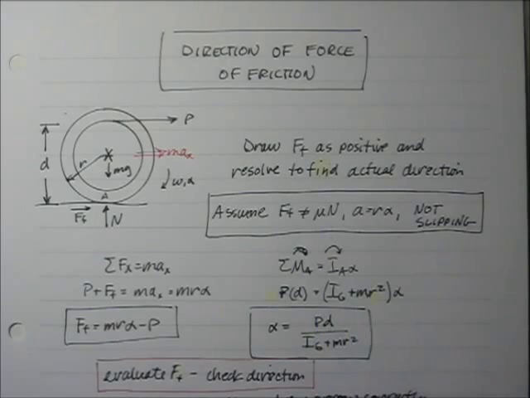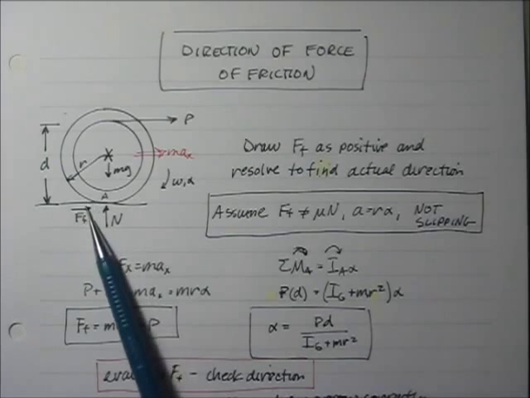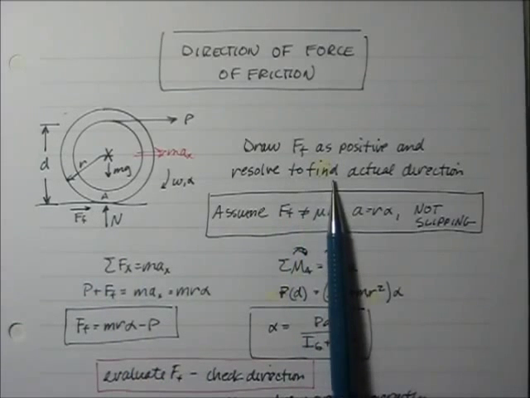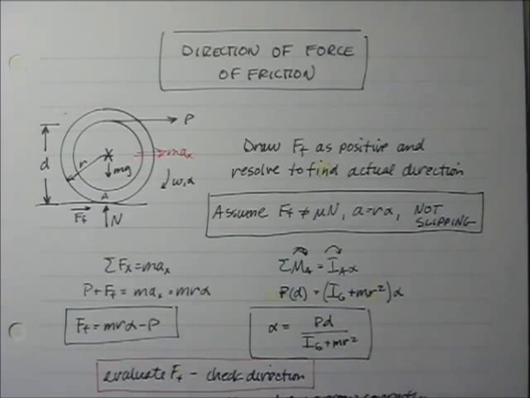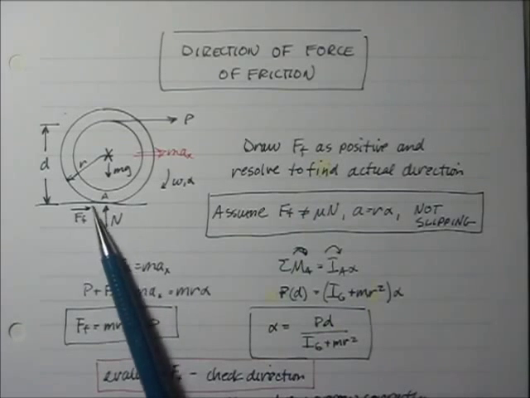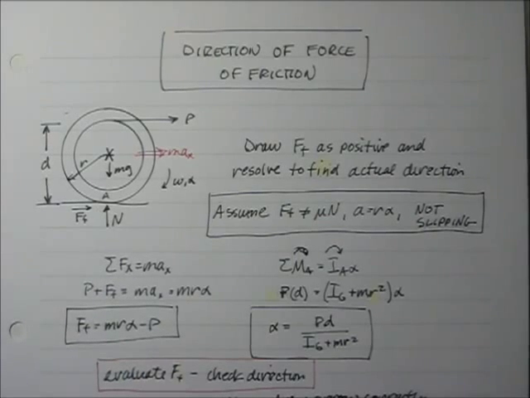This is back from chapter 17 stuff, or 16, I guess. To resolve the actual direction of the force of friction, we're going to draw it as positive and then find out the value of it, and whether it was drawn as positive correctly or incorrectly.